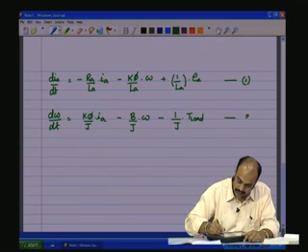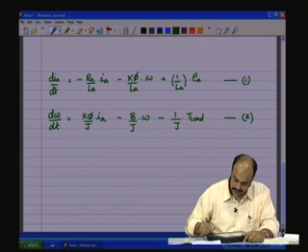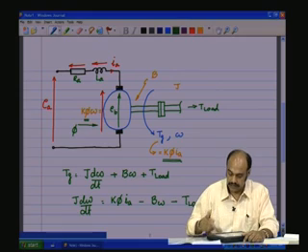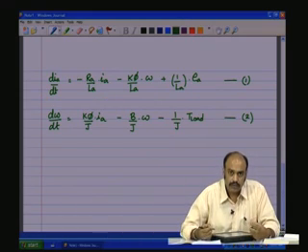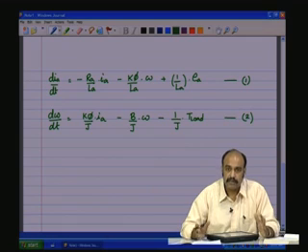This is the second equation, that is, this equation has been rewritten in this form. These two equations completely define the dynamics of the motor.